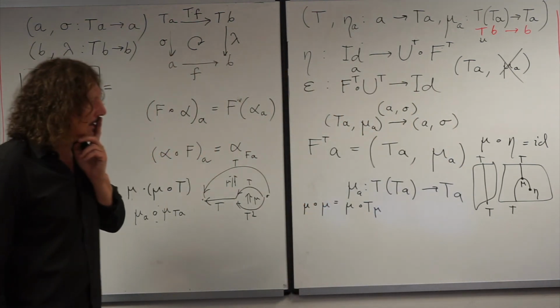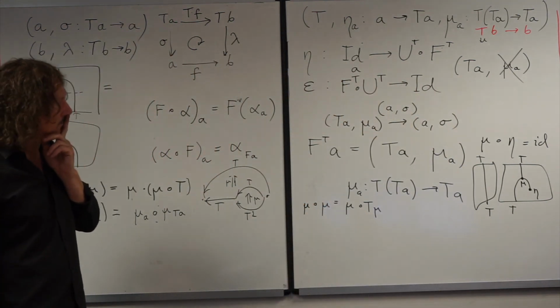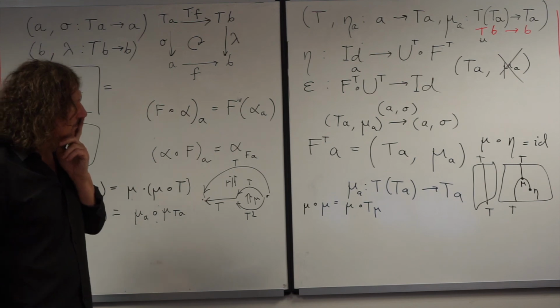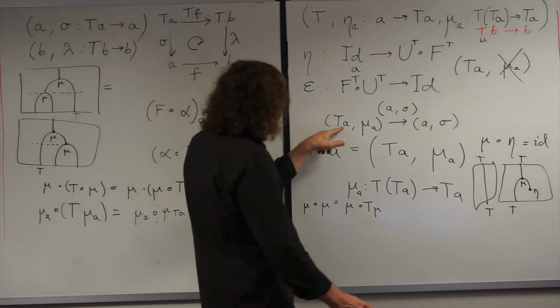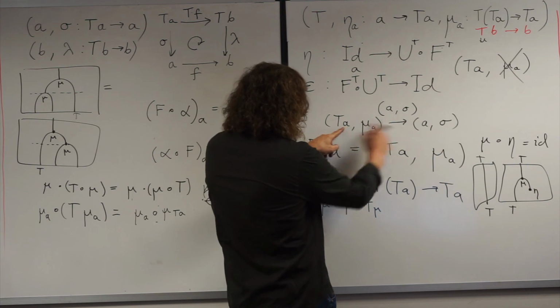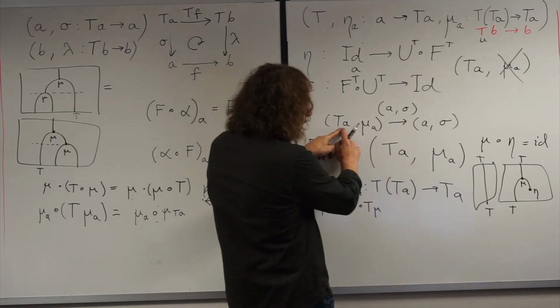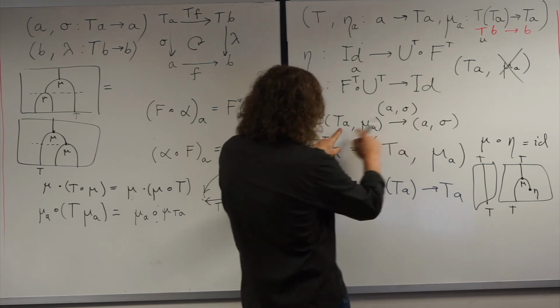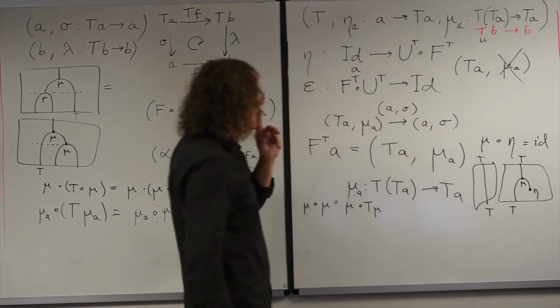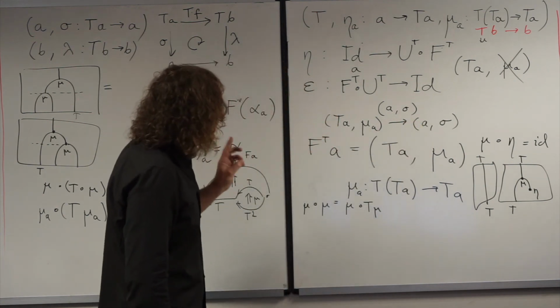Okay, do we have a candidate for this? Well, it has to be an algebra morphism, right? So it has to map carriers. It has to map TA to A. Where do I have something that maps TA to A?